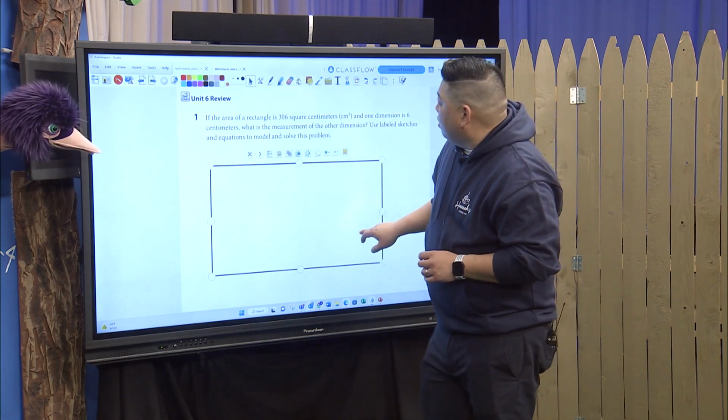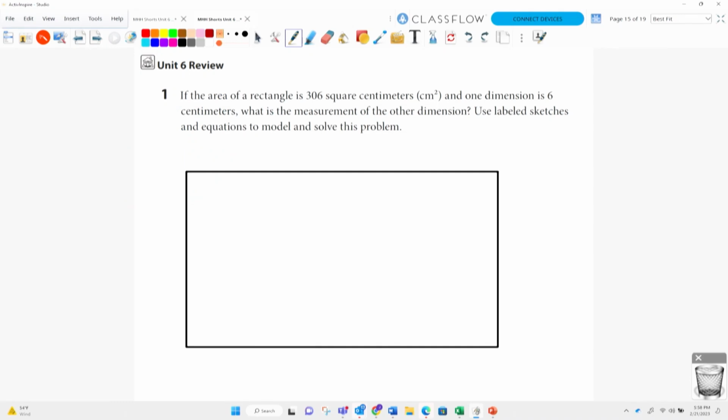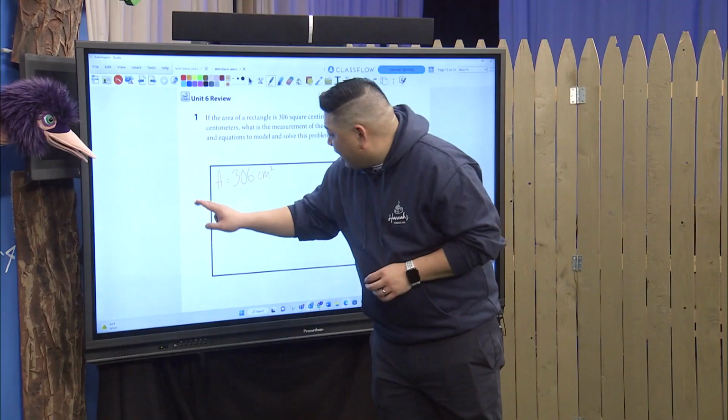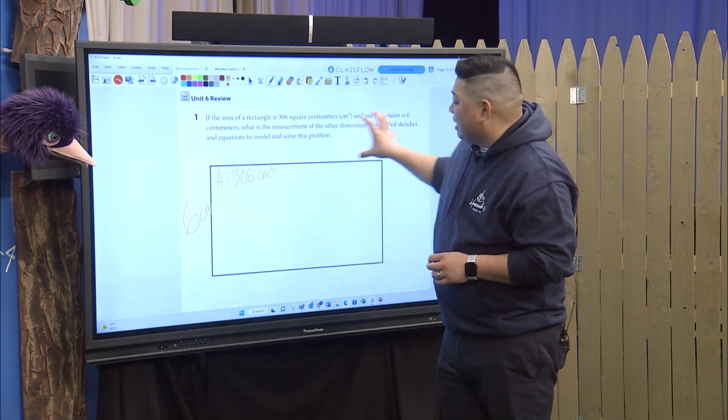Okay. So we know that the total area is 306 square centimeters, right? So the area altogether is 306 centimeters squared. We know that one side is 6 centimeters, so we have to figure out what the missing length is.